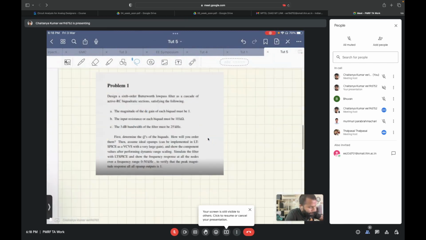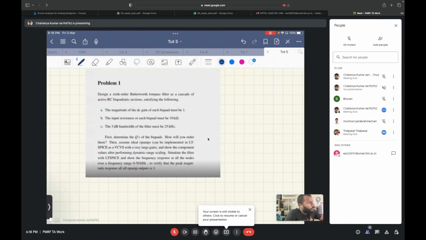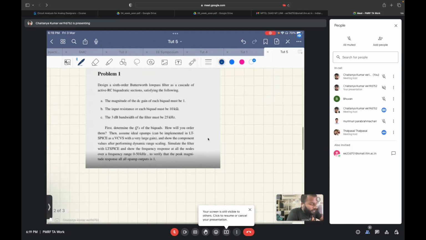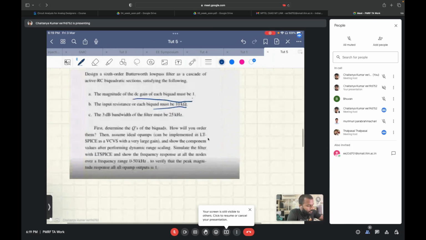So, is my screen visible? Yes, sir. Okay. So what we need to do is design a sixth order Butterworth low pass filter as a cascade of active RC sections satisfying the following: magnitude of DC gain of each biquad should be 1, input resistance of each biquad should be 10 kilohms, and 3 dB bandwidth of the filter should be 25 kilohertz.